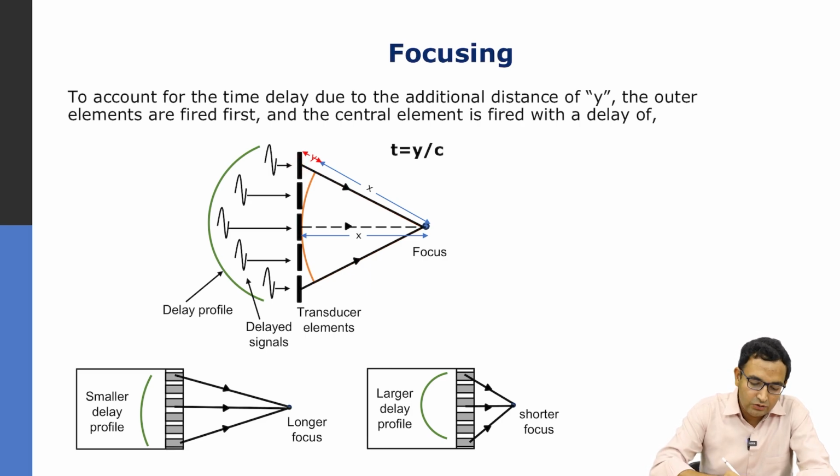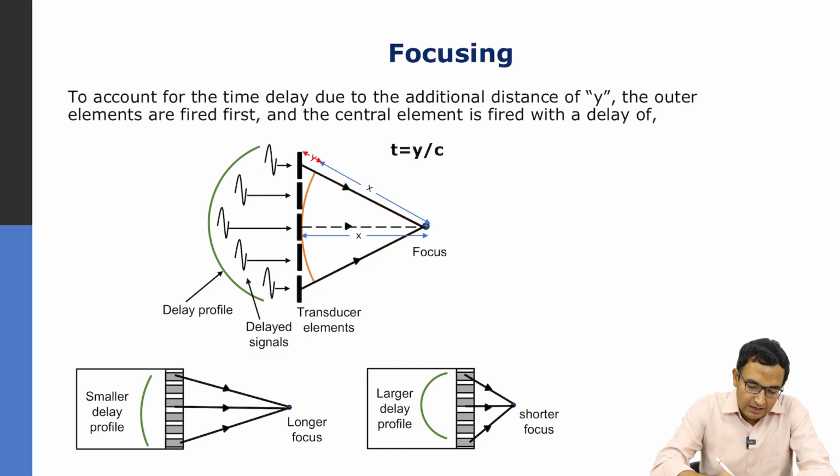This path length y can be calculated by geometry. To cover y, the time taken will be y by c, where c is the speed of sound in the medium, in this case tissue.